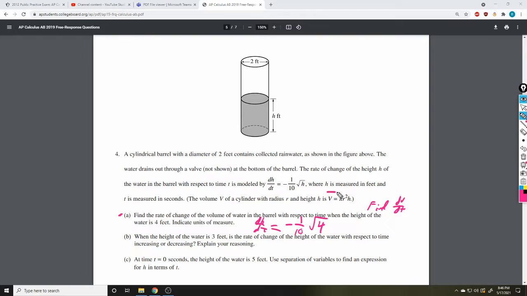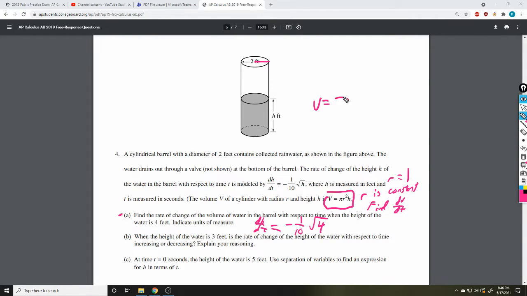And the good news is that in this volume formula, R is constant. And R always equals 1. Since my diameter is 2, the radius is 1. In cones, my radius, I would need to figure out a dr dt and work with the product rule. I don't need to be that fancy here.